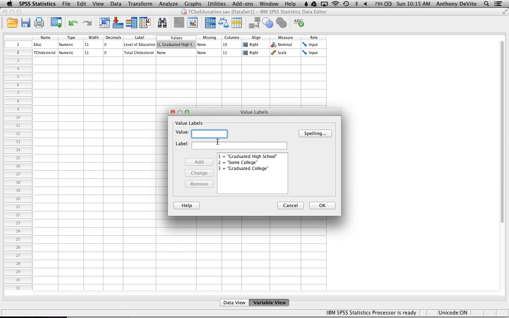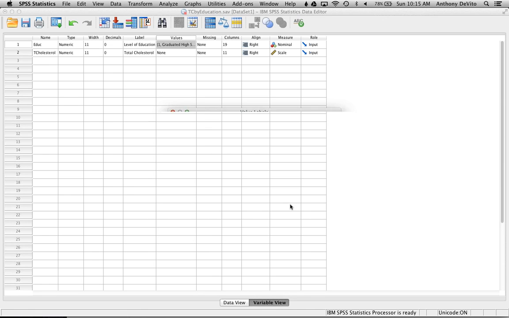If I had a fourth value, I would just type in 4 and say other, for instance, click add, make sure it goes in, and click OK. Now I'm going to remove that because we don't have any other categories. Everybody in there is listed as one of those 3. But that's how we would make sure that SPSS understood what a 1, 2, or 3 was in that column.